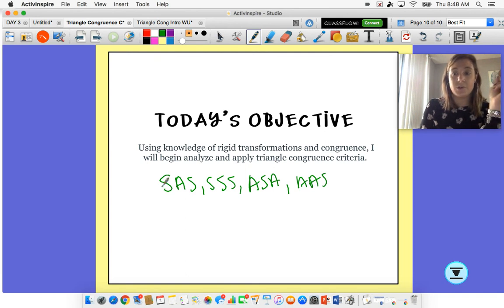So I do think be mindful of things like the vertical angle property and the reflexive property, that you're looking for those. Be on the lookout for them, and also be mindful of your notations. Know the difference between how you write a segment, how you write an angle, how you write a triangle. These are the shortcuts that we are using. You can essentially, even if the question's not multiple choice, make it multiple choice. You've got 5 options right now: side, angle, side; side, side, side; angle, side, angle; angle, angle, side; or not enough information.